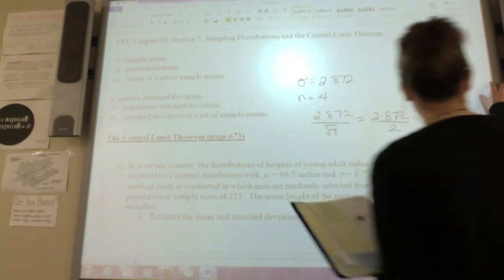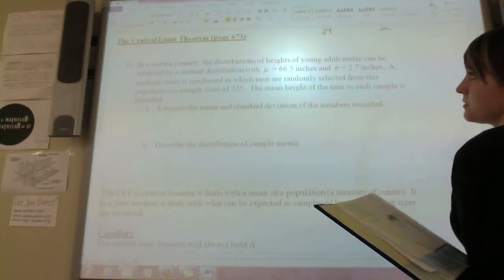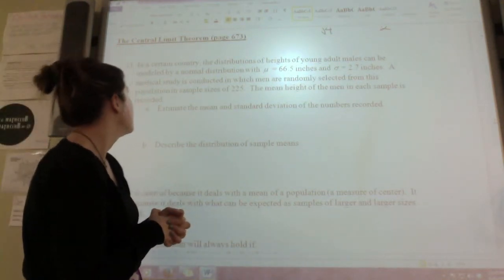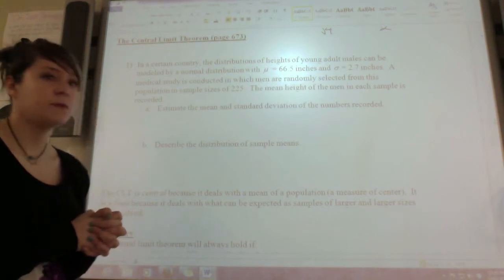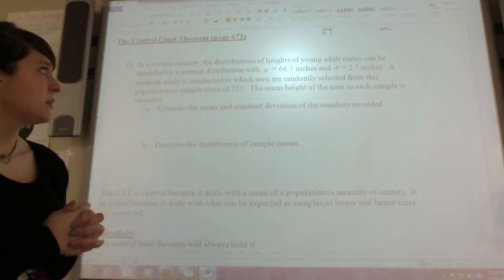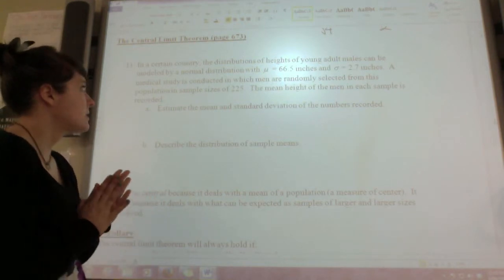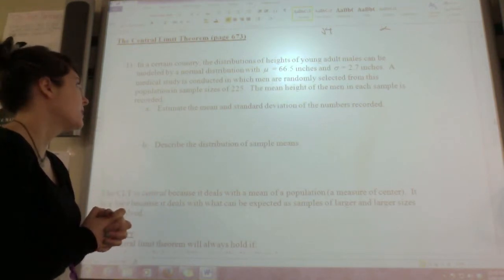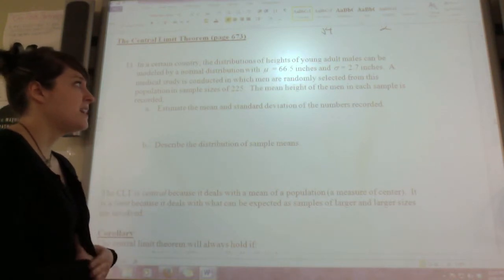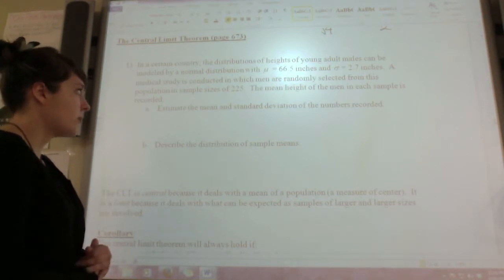Let's do some problems. In a certain country, the distribution of heights of young adult males can be modeled by a normal distribution with mu equals 66.5 and sigma equals 2.7. A medical study is conducted in which men are randomly selected from this population in sample sizes of 225. The mean height of the men in each sample is recorded.